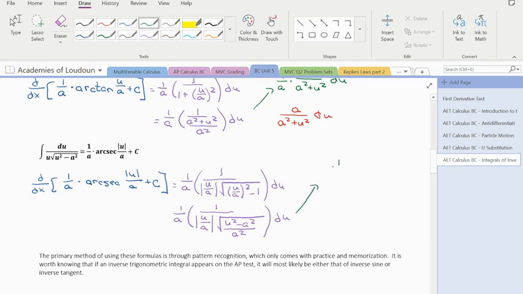Which is 1 over a times 1 over the absolute value of u over a. And this becomes the square root of u squared minus a squared over a.